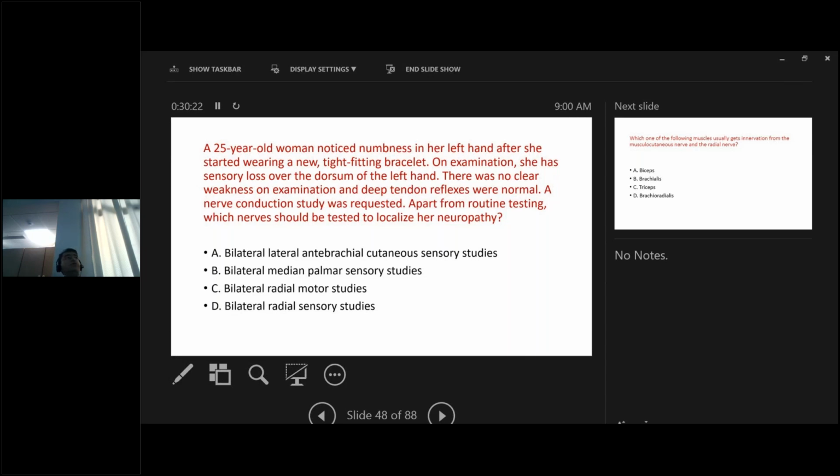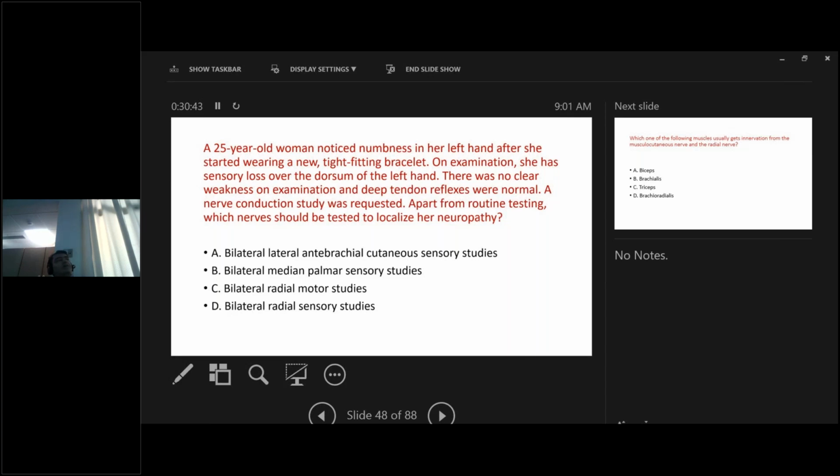Okay. So which nerve do you want? You mentioned it's radial, so radial motor or sensory do you want to study? Sensory. Okay. Why does it say bilateral? Why not one side? Because you want to compare between the right and the left.